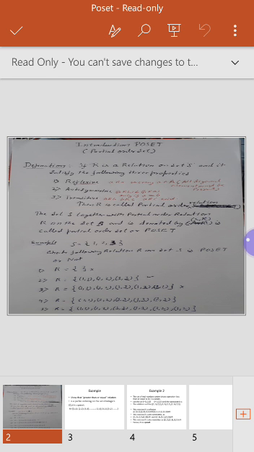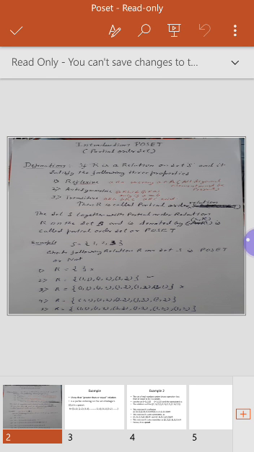Now we will check relation 3: (1,1), (2,2), (3,3), (1,3) and (3,1). Yes, it is reflexive. (1,1) is there, (2,2) is there, (3,3) is there. All the diagonal elements exist in the relation.